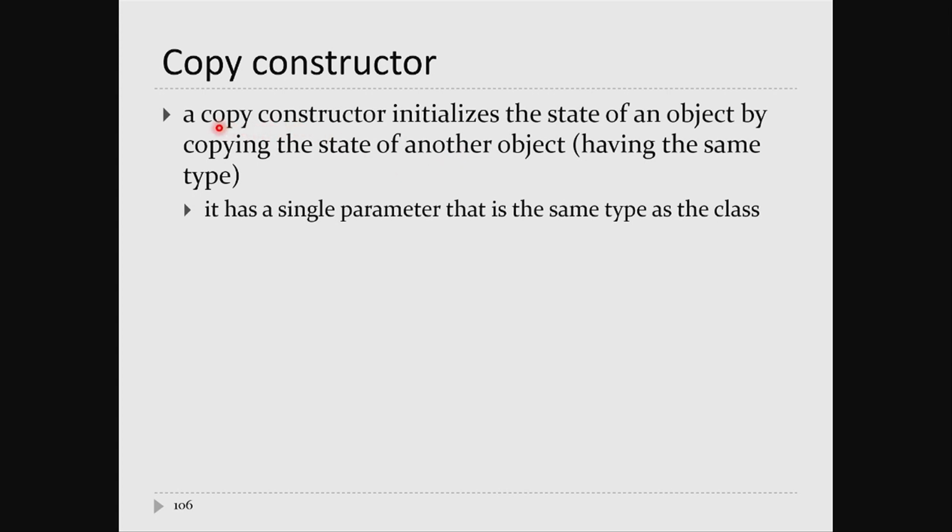So the purpose of a copy constructor is to initialize the state of an object by copying the state of another object, having the same or a compatible type. So this one always has a single parameter that's the same type as the class, because you're going to copy another object of the class.